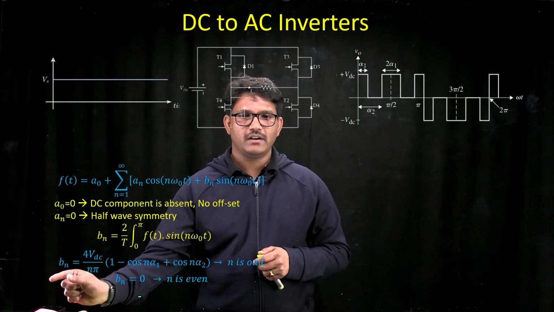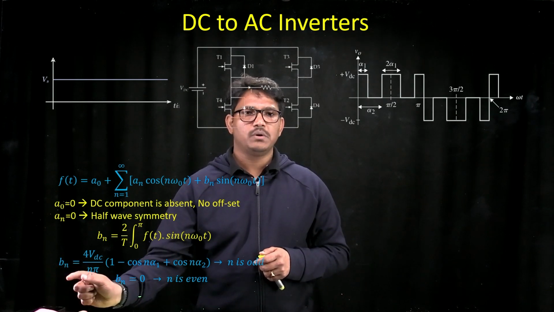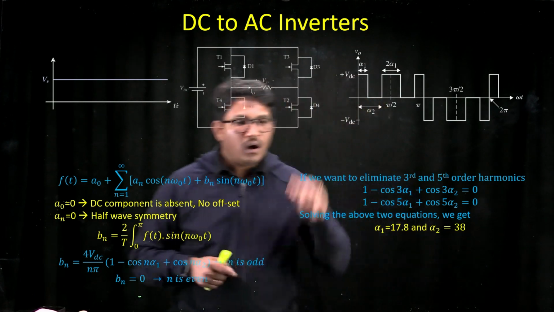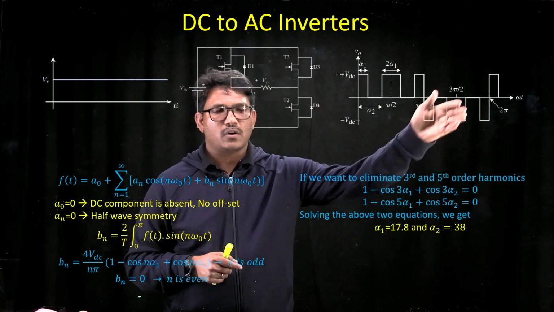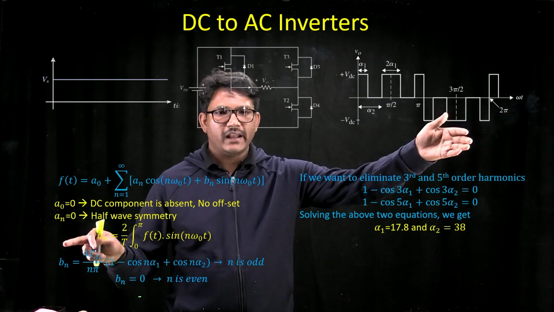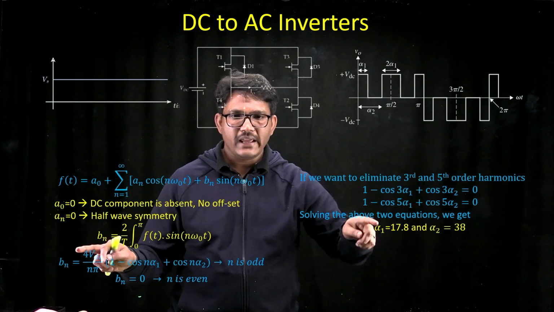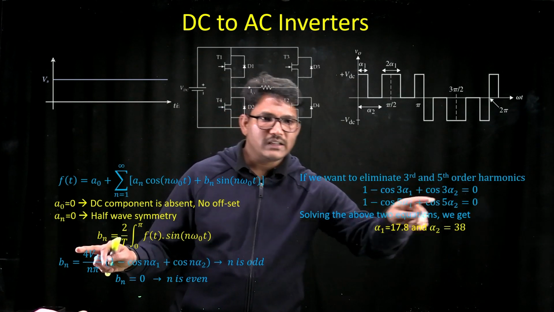It means you want your Bn to be equal to 0 for n equal to 3 and n equal to 5. So this is the condition. If we want to eliminate the third and fifth order harmonics, then Bn for n equal to 3, you want that to be equal to 0, and Bn for n equal to 5, you want that to be equal to 0.